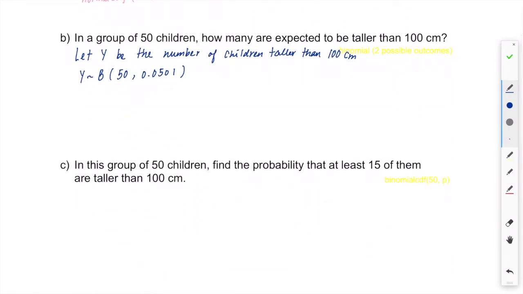So here we're looking for the expected value of y, which for binomial is n times p, sample size 50, probability of success, which works out to 2.5, okay? And it is okay to have a decimal number. Remember, this is a theoretical average.